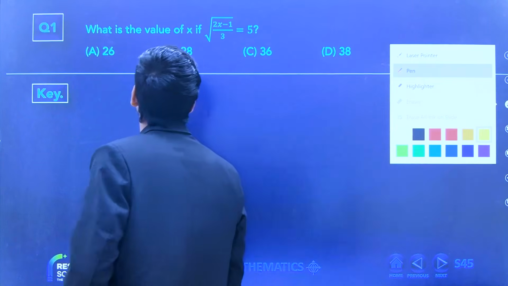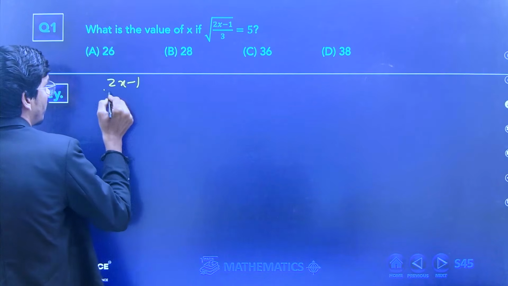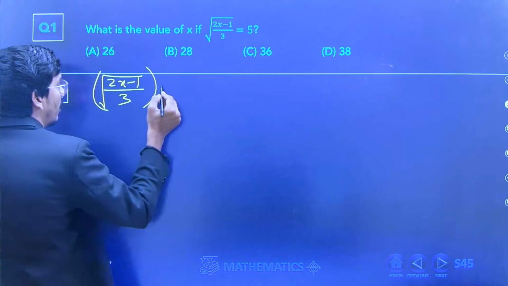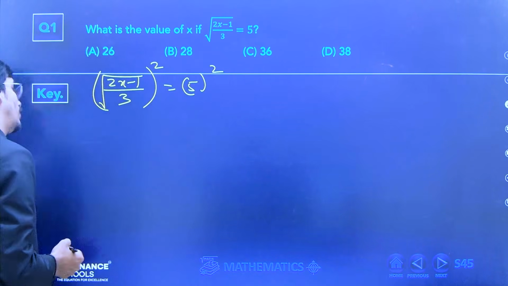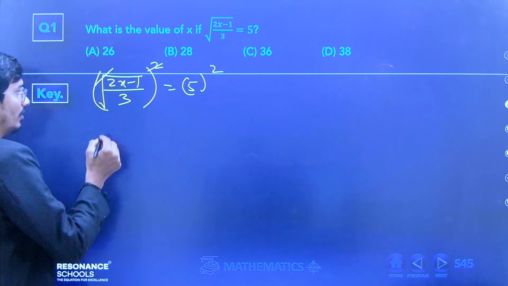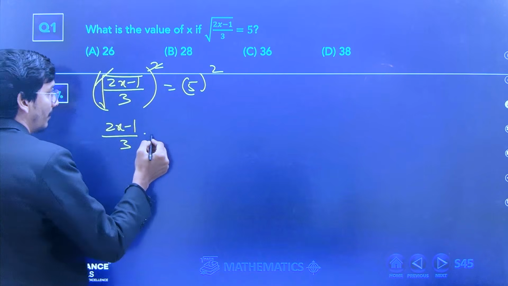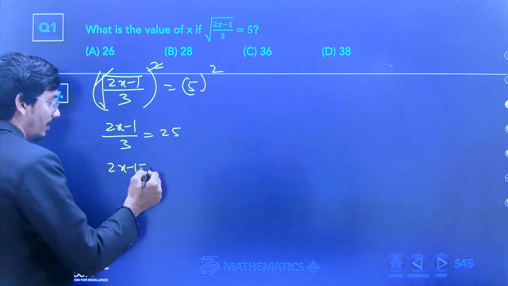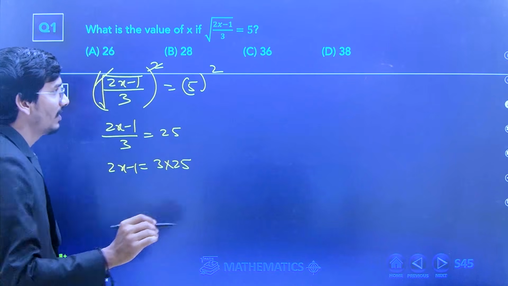Listen, beta. First of all, this question is given: it's a square root quantity, and that equals 5. I'm squaring both sides. Squaring means the square will cancel the root. This root is cancelled by the square. So we're getting what? And 5 squared is 25. So 2x minus 1 equals 3 into 25.